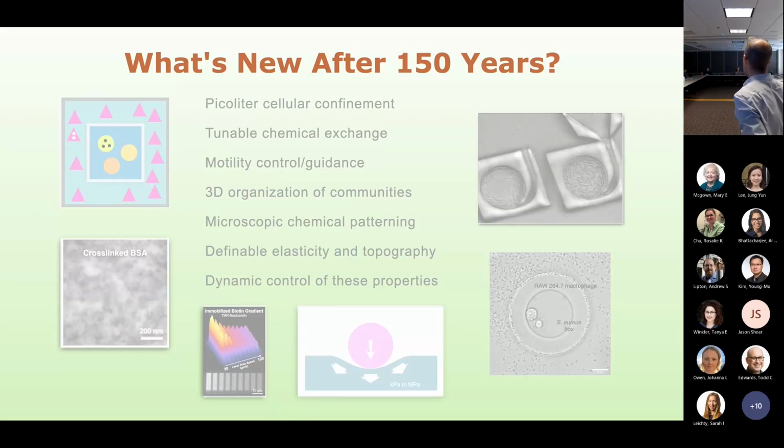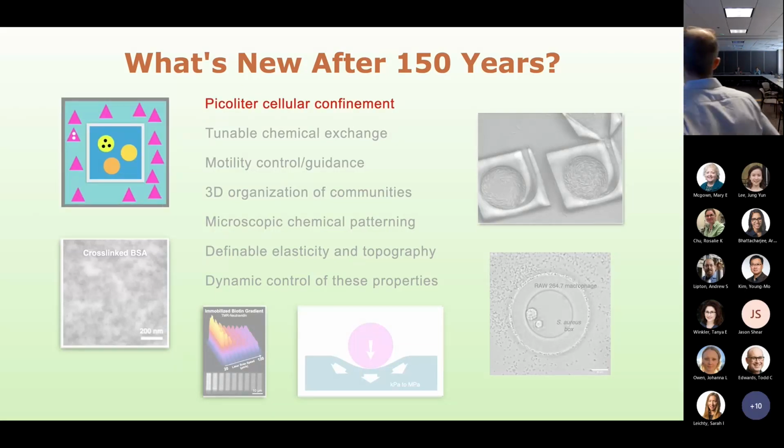In many instances, if you want to study how small numbers of cells come together and alter their behavior, you'd like to be able to confine cells in volumes that allow them to grow in these small ensemble groups.